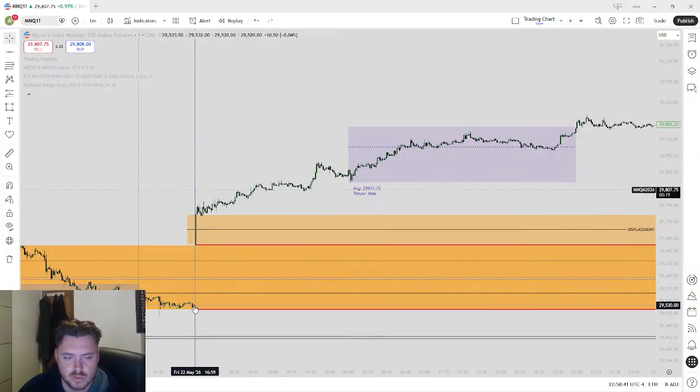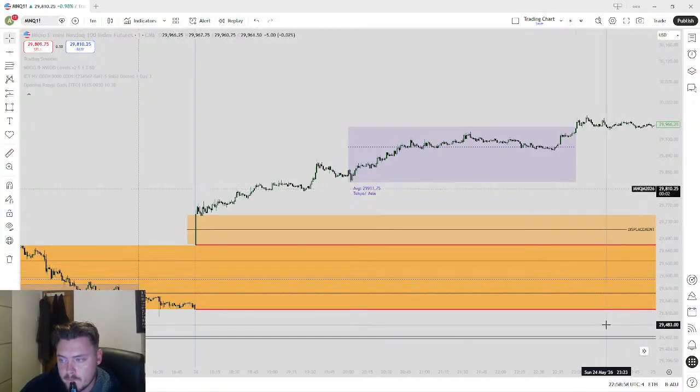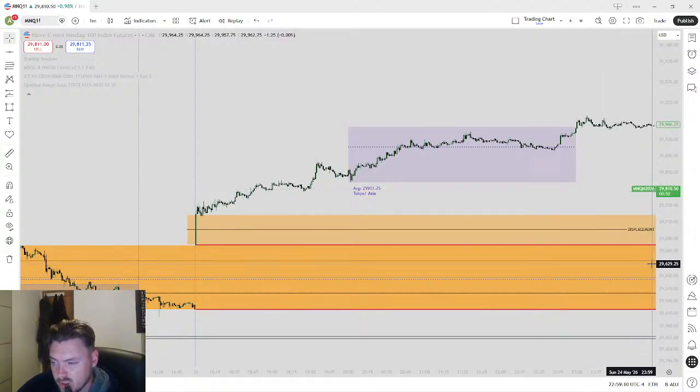So where we closed Friday, open Sunday, the new week opening gap creates that void that price could use later in the week. Perhaps Tuesday, because Tuesday tends to make the low of the week. So on Tuesday I was thinking about being bearish towards that, specifically Tuesday, and then trading higher from there, really.